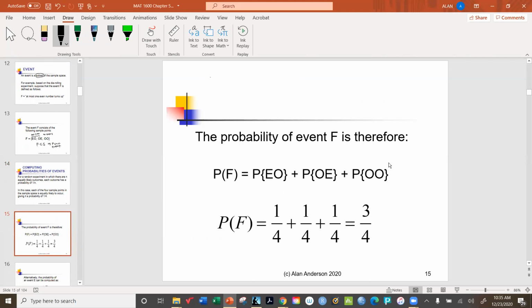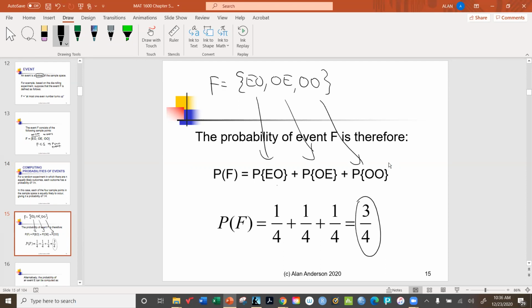Since F contains the elements, the probability of F is the probability of getting EO, OE, or OO. Since we already mentioned that each of these is equally likely to occur, each one must have a probability of 1/4. So you have 4 equally likely events, each with a probability of 1/4 or 25%. When you add these up, you do in fact get 3/4 or 0.75 or 75%.